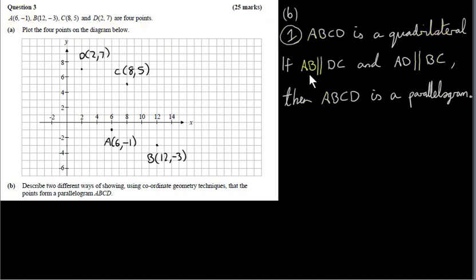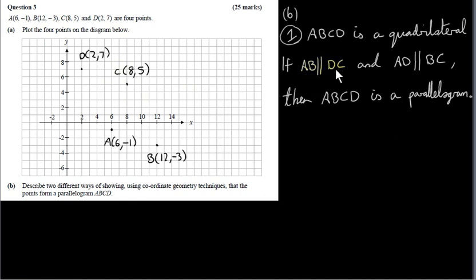So how do we use coordinate geometry techniques to prove that AB is parallel to DC and that AD is parallel to BC? How do we prove that two line segments are parallel? Well, we get the slopes of the two line segments. If the slopes are the same, then the lines are parallel.